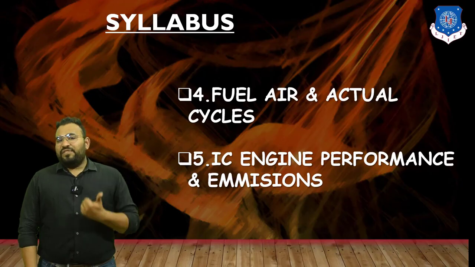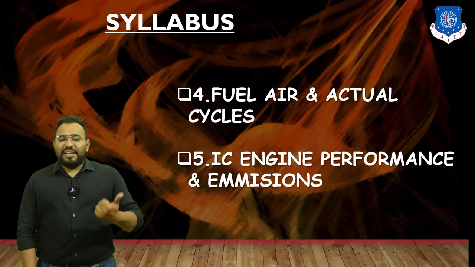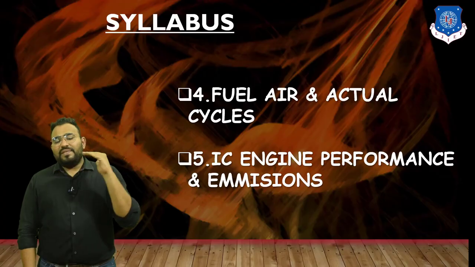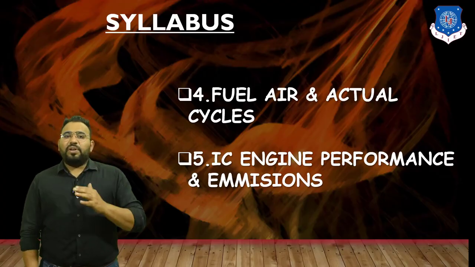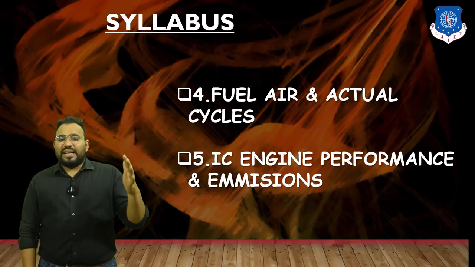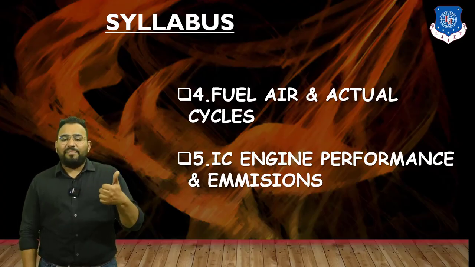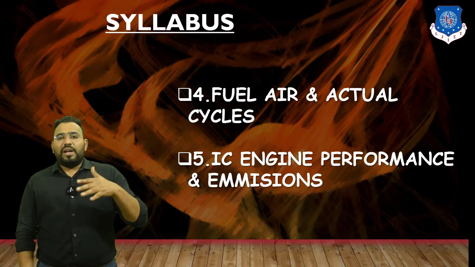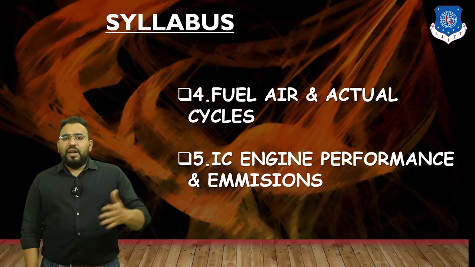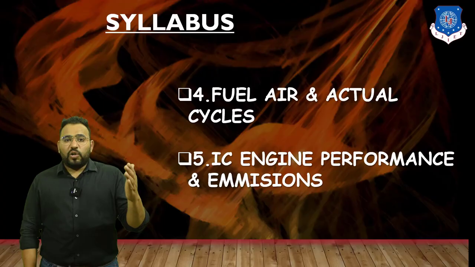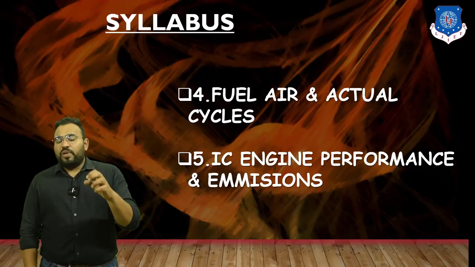Now the fifth chapter is also part of IC engines: performance and emission. In this chapter you are going to learn some basic concepts related to IC engines, like specific fuel consumption, what indicated power is, what brake power is, the different parameters, and the different emission laws related to emissions.